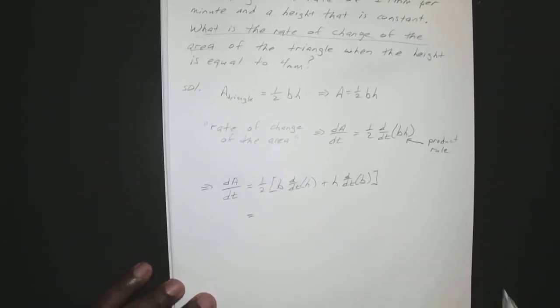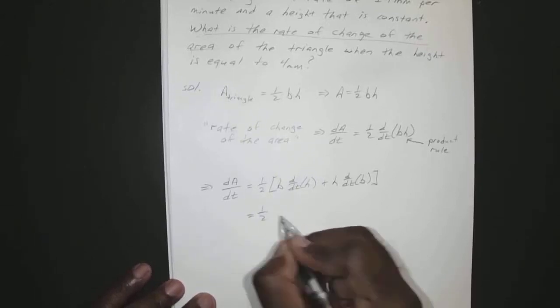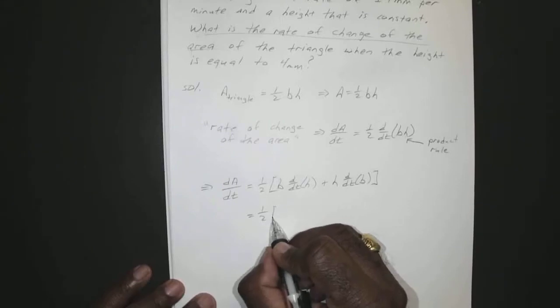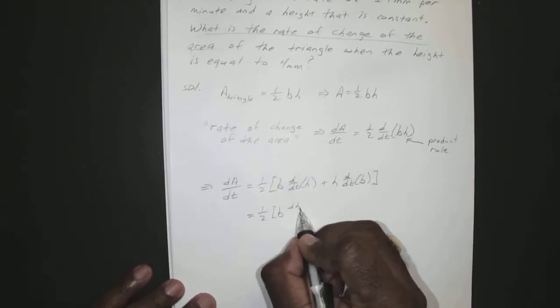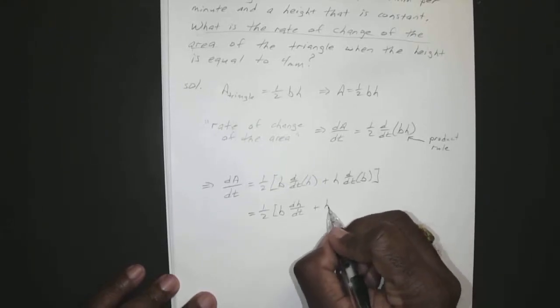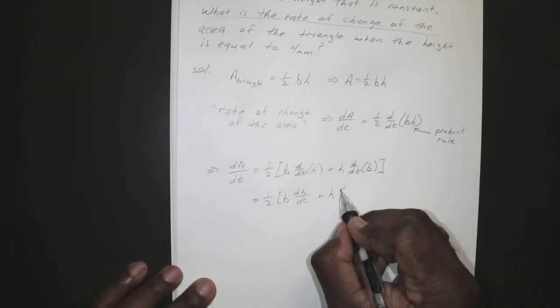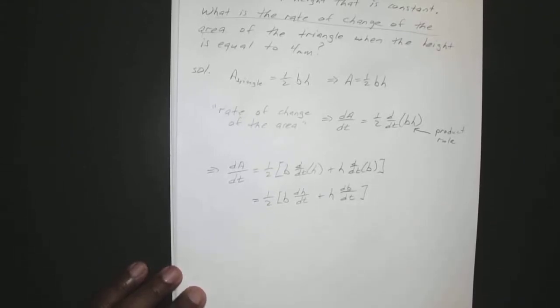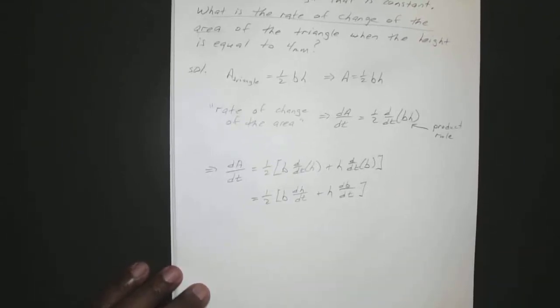So this is why I kind of worked it out so that this would hopefully make sense. So you have the base times the rate of change of the height with respect to time plus the height times the rate of change of the base with respect to time. Or you can multiply both by 1/2 if you want to.